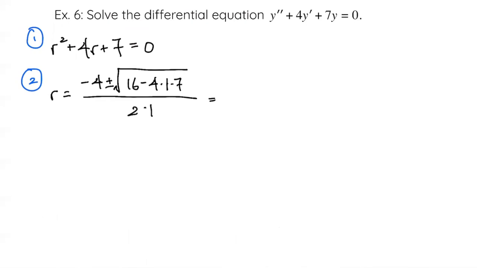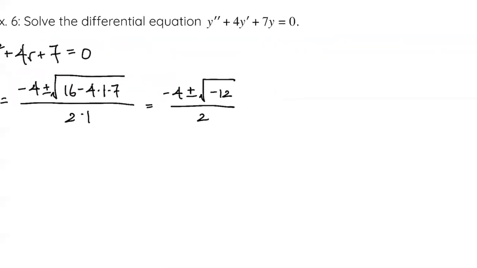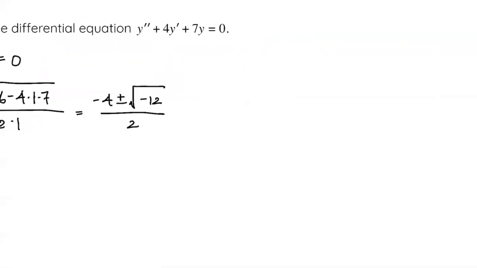And we realize we end up with a negative number inside that square root. Let's see if we can simplify this a little bit, just because I'm going to be plugging it into different parts of the final solution.